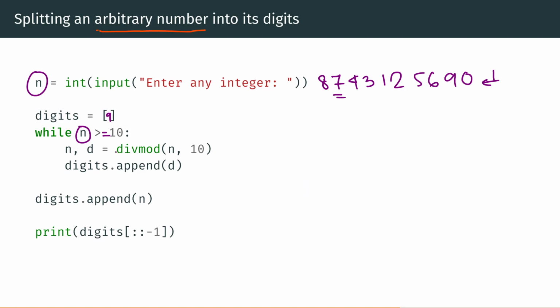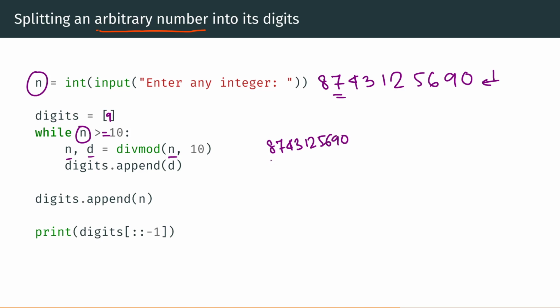We start with the statement n, d equals divmod(n, 10), which means divide this number, whatever the number is. All I know is the number is greater than 10. Divide that number by 10. So I'd say 8, 7, 4, 3, 1, 2, 5, 6, 9, 0.